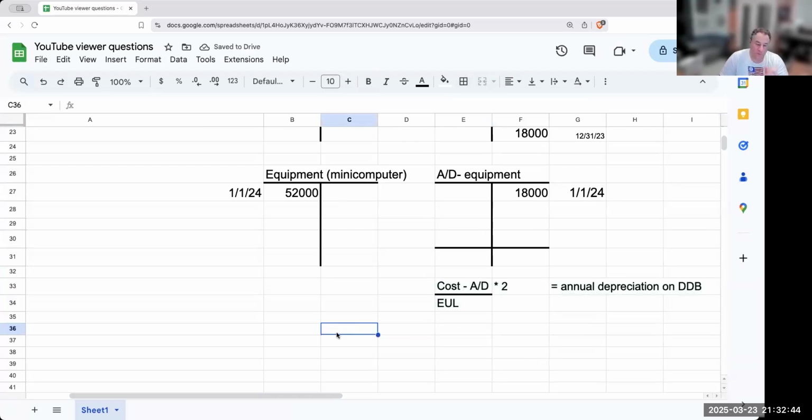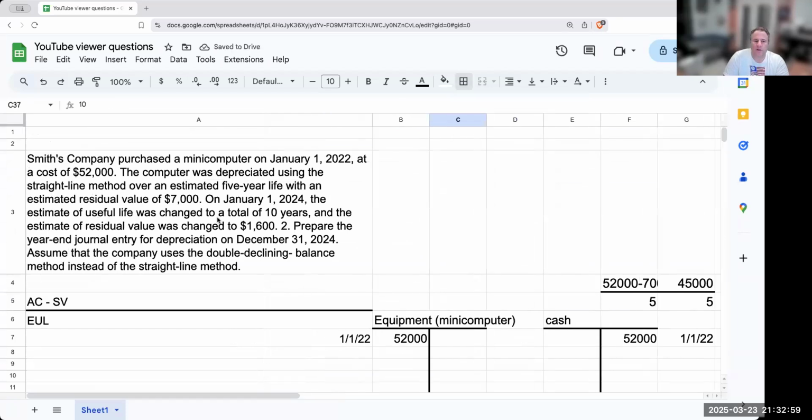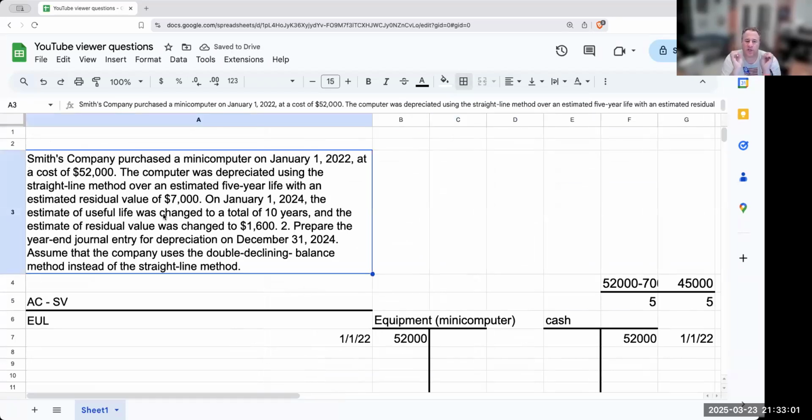So this over here is basically my formula for double declining balance. So now when I look at this, I've got 52,000 minus 18,000 divided by 10 years, which is the new useful life. Now, here's what's also kind of perplexing, right? The estimated useful life was changed to a total of 10 years. When I write these questions, is this 10 years from January 1st, or is this 10 years from the original 5?